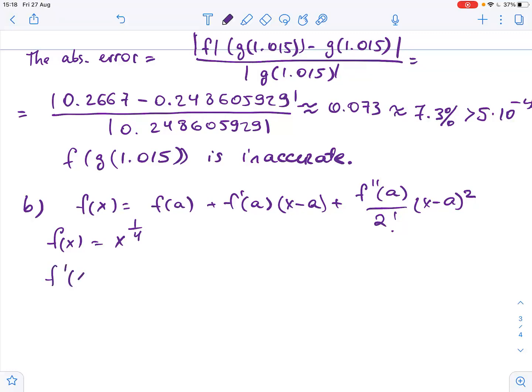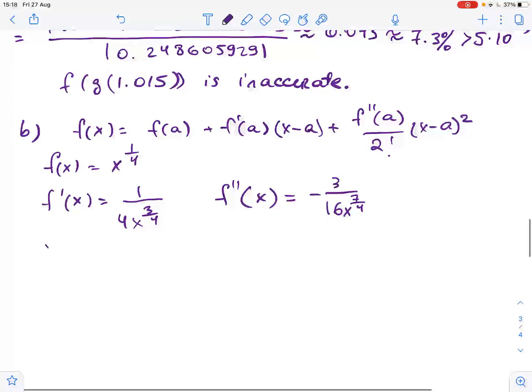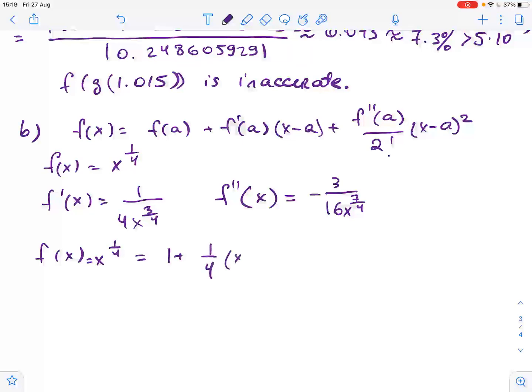Then f prime of x equals 1 over 4 times x to the power of negative 3 over 4, and the second order derivative of f of x equals negative 3 over 16 x to the power of negative 7 over 4. Now we shall take an expansion around the point x equals 1, and we get that f of x equals x to the power of 1 over 4 equals 1 plus 1 over 4 times x minus 1 minus 3 over 32 times x minus 1 squared.